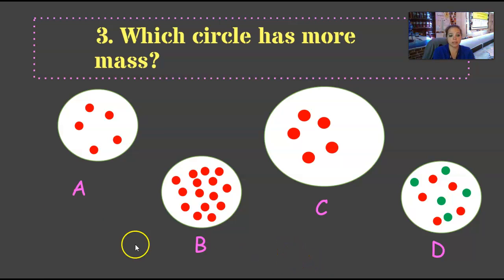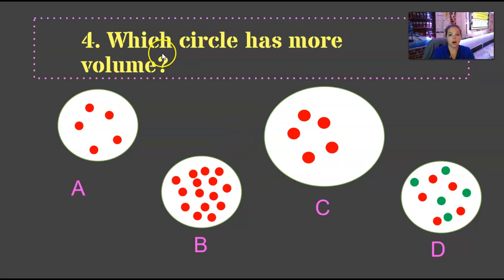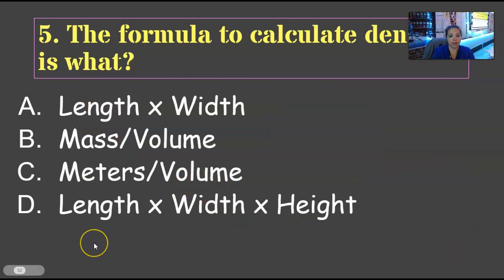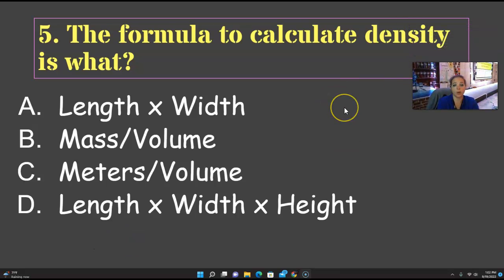Which one has more mass? A, B, C, or D? All right, which circle has more volume? So which one of these has more volume? A, B, C, or D? And last but not least, the formula to calculate density is what? So what is density's formula? Is it length times width, mass times volume, mass divided by volume, meters divided by volume, or length times width times height?